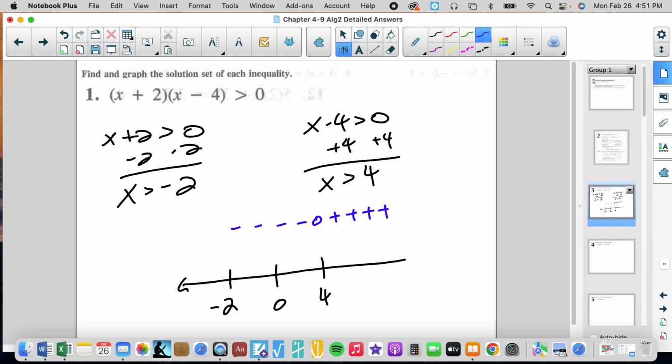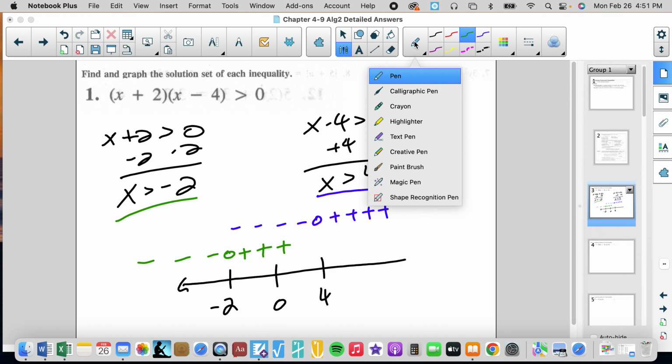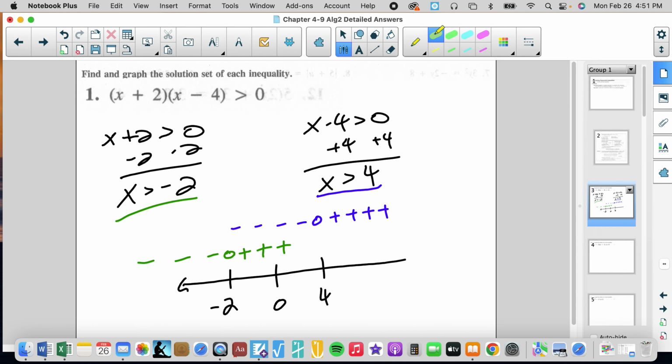And then at 2, let's do this one. That's the blue. This is the green. At negative 2, it's going to be 0. To the right is going to be positive, and to the left is going to be negative. So from here off, we're going to have negative, negative, which creates a positive.